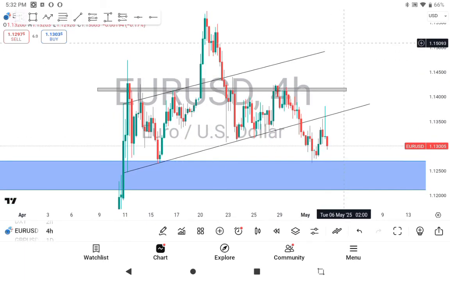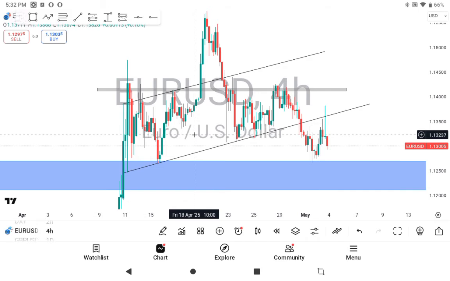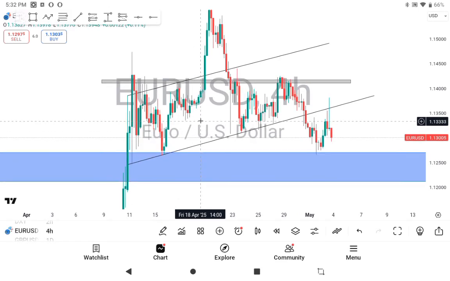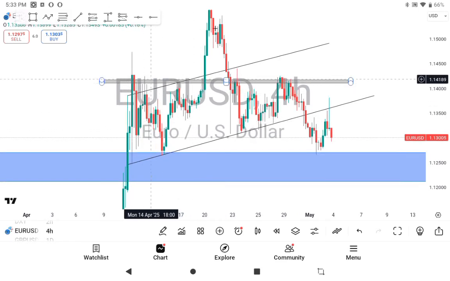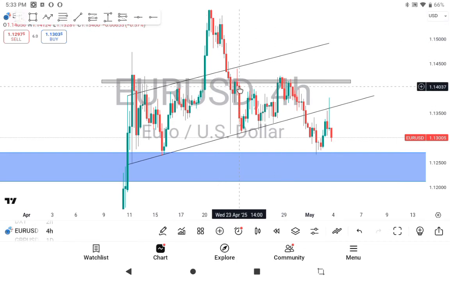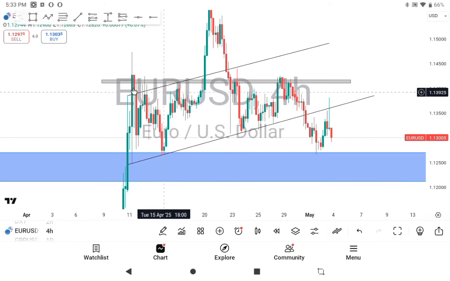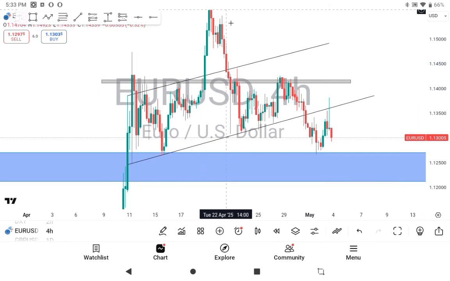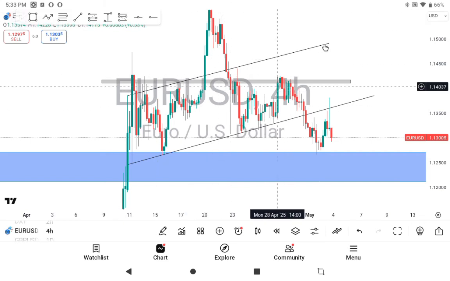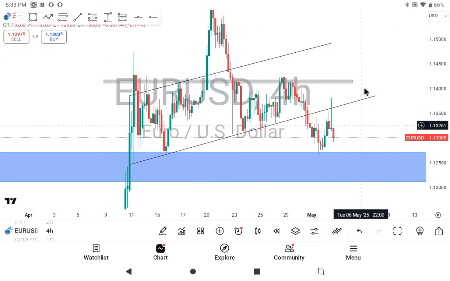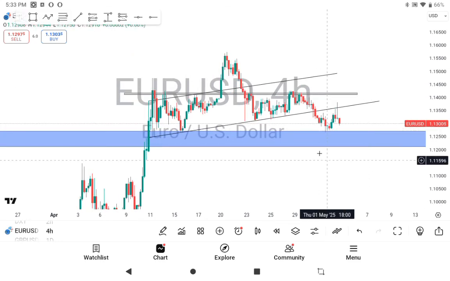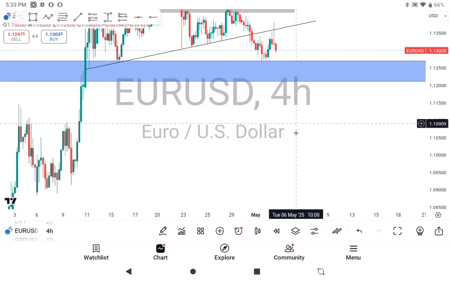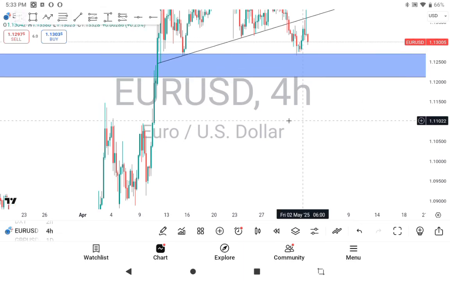So we should see more push on Euro USD. Euro USD should drop to this downside right here.